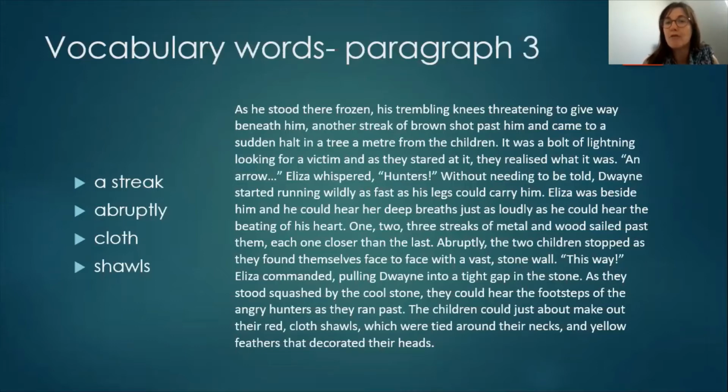So a streak, here it's being used as a plural, streaks, it's still a thing, so it's a noun. So if you want to also write that in brackets next to the word, and then draw a dash and write the definition that you think it means. Okay, stop the video now, write those 4 words and write down the definition you think.